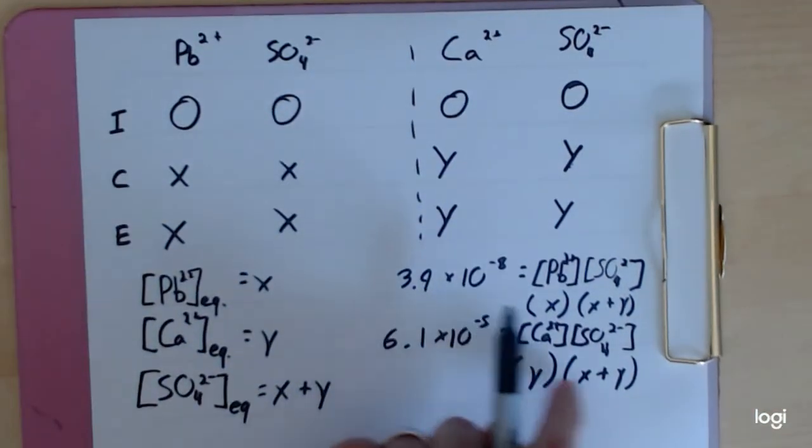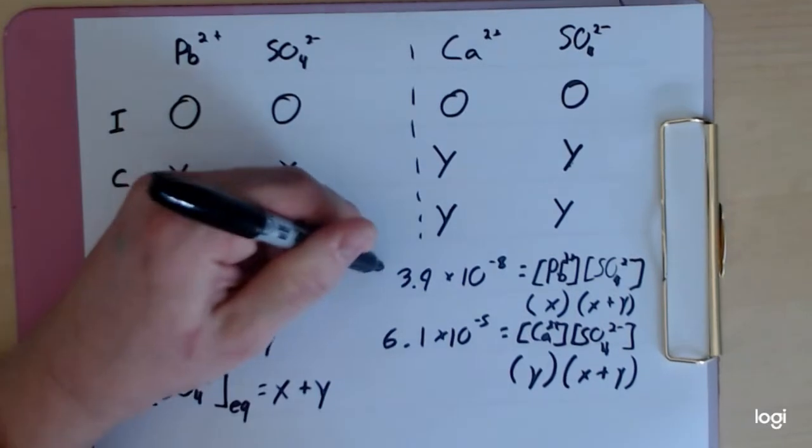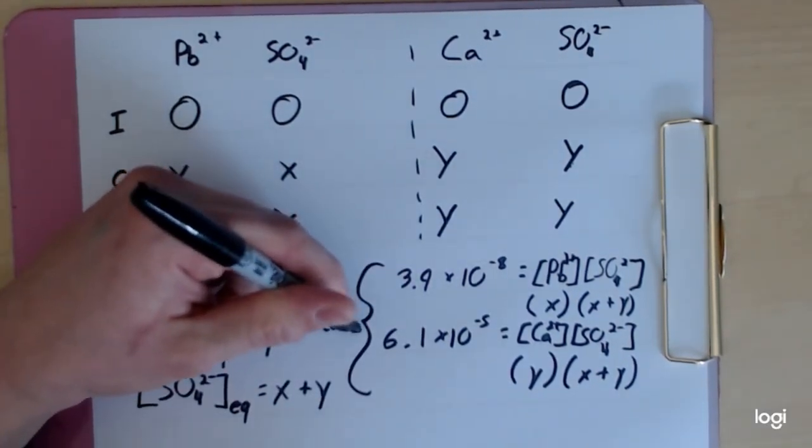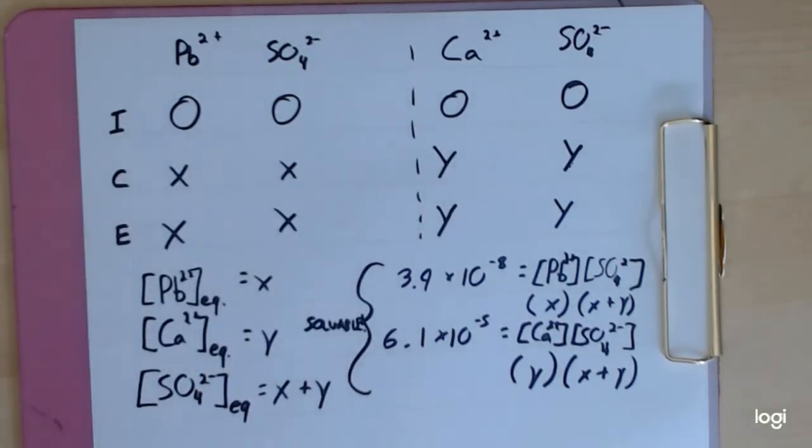Okay, so now we have two unknowns and we have two equations. This is solvable. We have no more variables to solve for than we have equations to solve. So let's work on solving that.